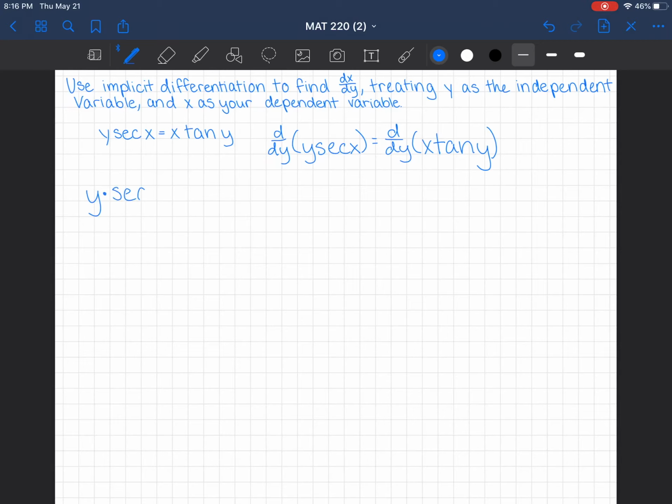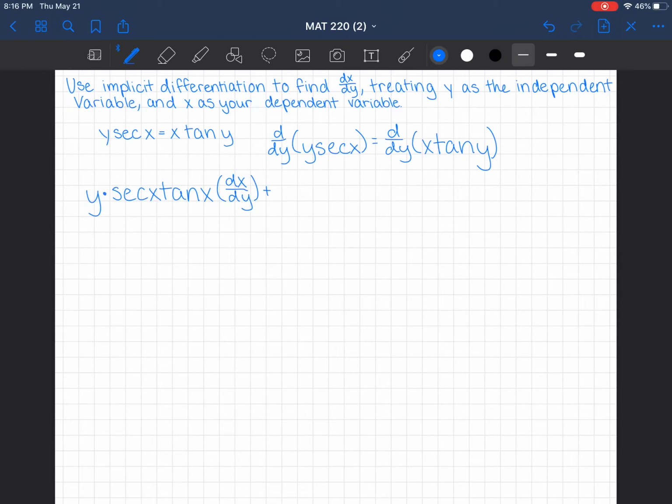So that's going to be secant tangent. And then we are taking the derivative with respect to y, so we do need to tack on our dx/dy. And then now we can do the second part of our product rule. The y is just kind of over here by himself, so when we take the derivative of that y, it is going to just end up being 1.